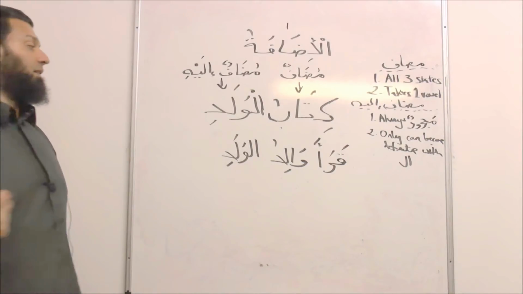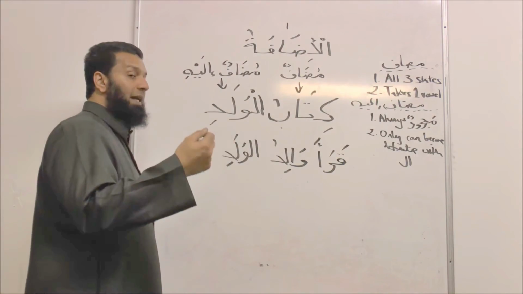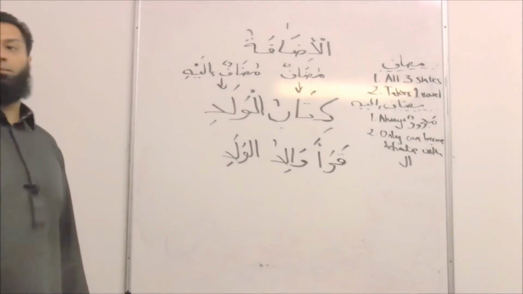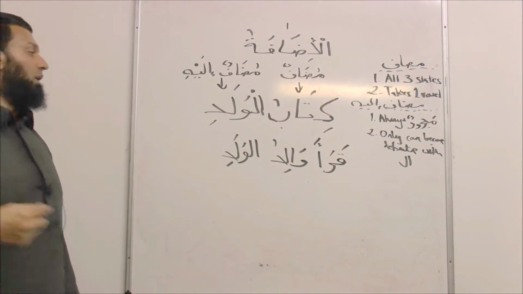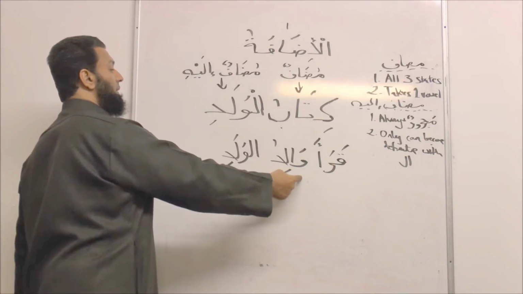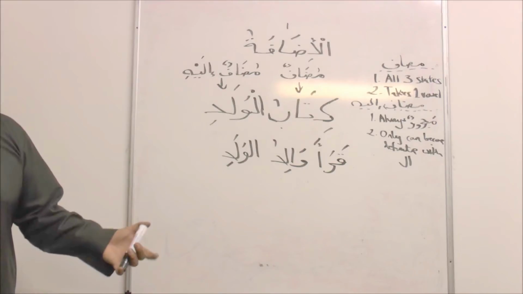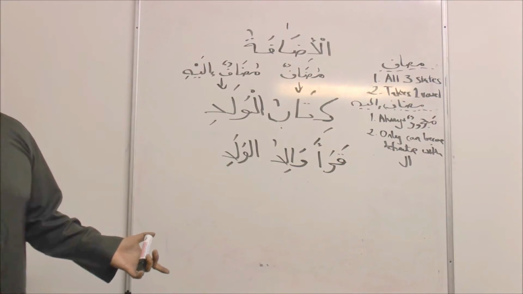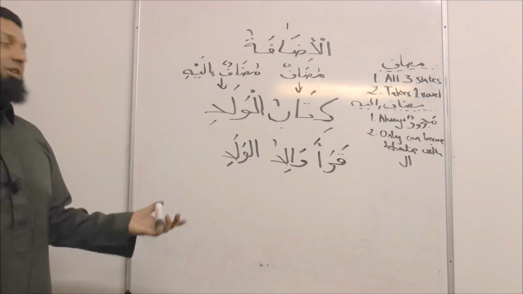But our sentence was, the boy's father read the newspaper. Okay? So we've got our fi'lun, we have our fa'ilun. So what completes our sentence? Which word completes it?